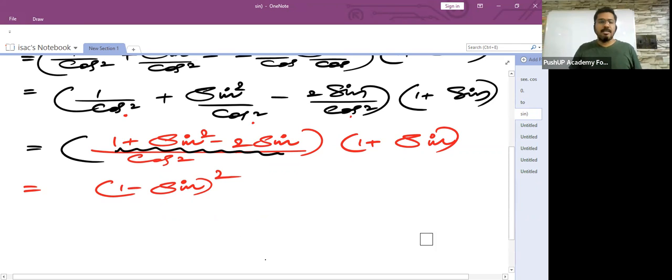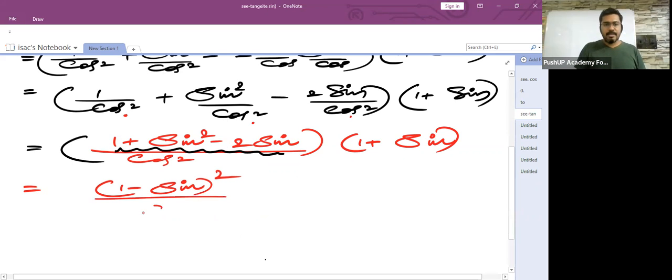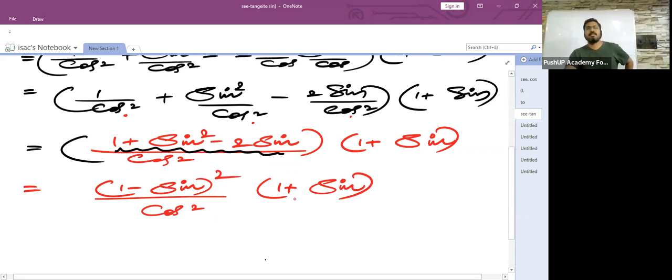So 1 minus sine the whole square, divided by cos square into 1 plus sine. Now this is equal to 1 minus sine the whole square upon cos square into 1 plus sine.